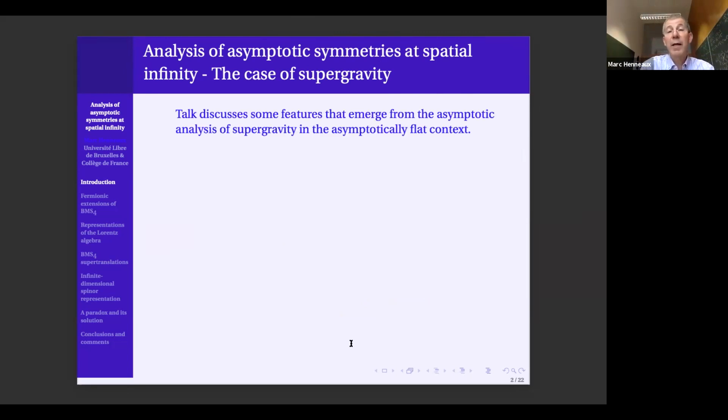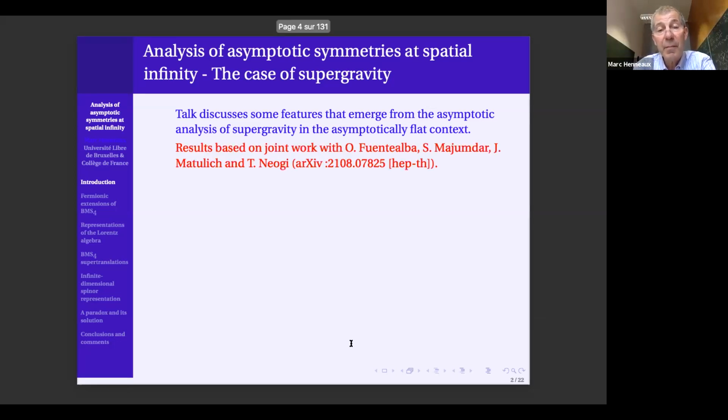So I would like to make the asymptotic analysis of supergravity at spatial infinity in the asymptotically flat context. And the results I'm going to present in this talk are based on joint work with these persons, which we just put on the archive.